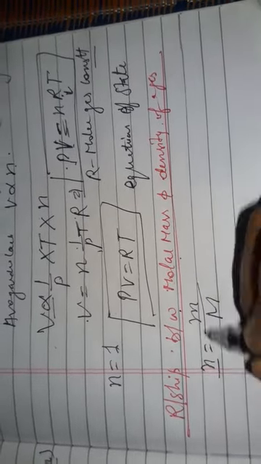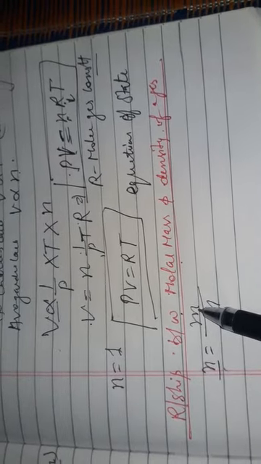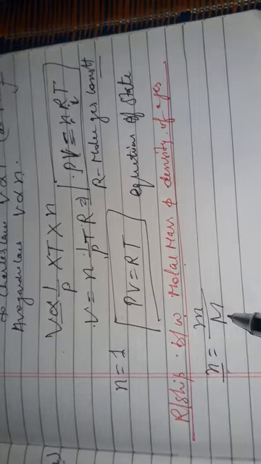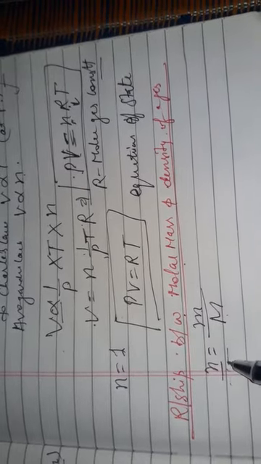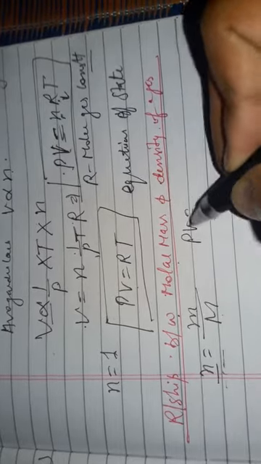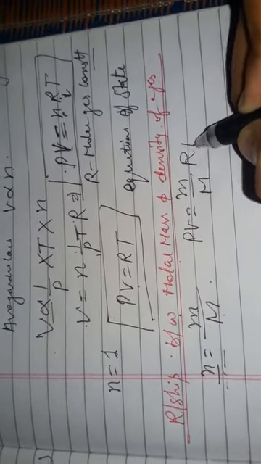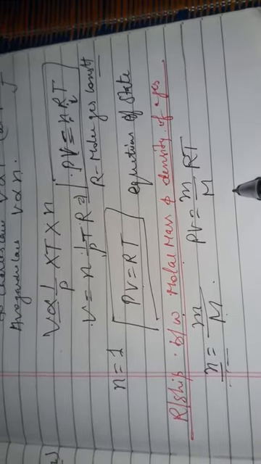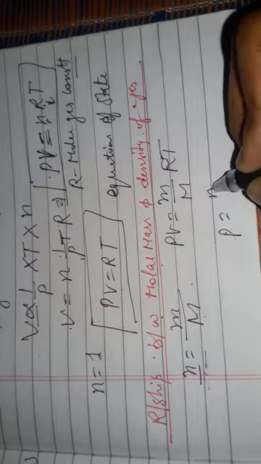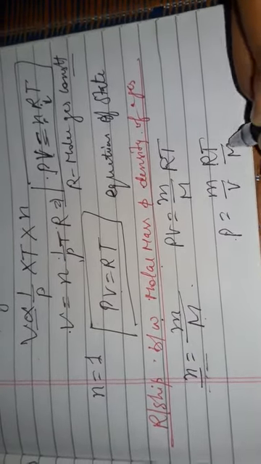So n is equal to the given mass divided by the molar mass. You can place this value of n in the equation PV is equal to nRT, so PV is equal to small m divided by capital M, RT. Next step, P is equal to m over V, RT upon capital M.